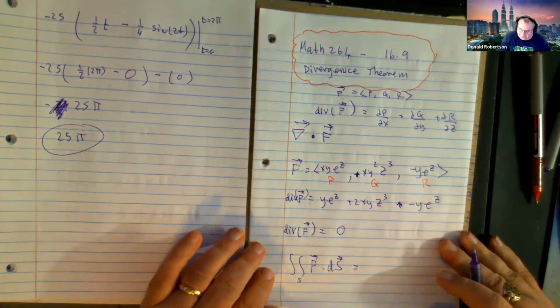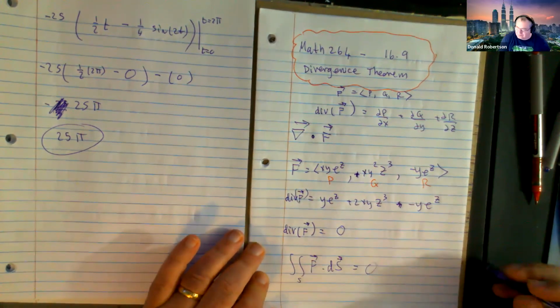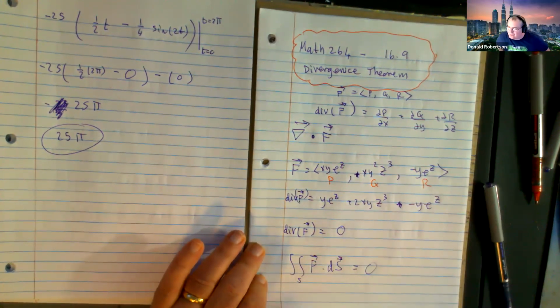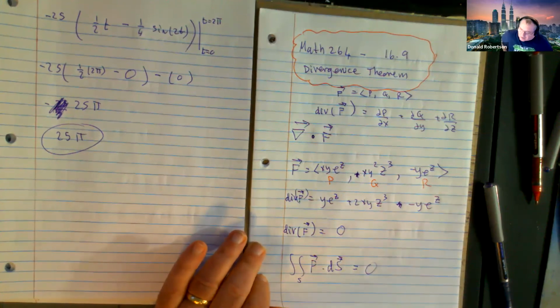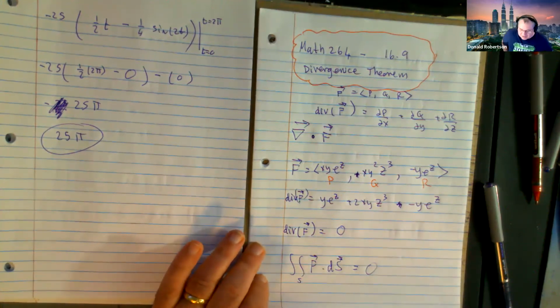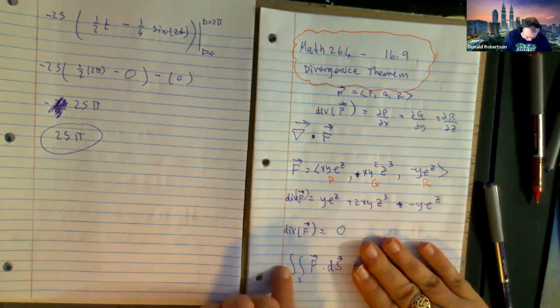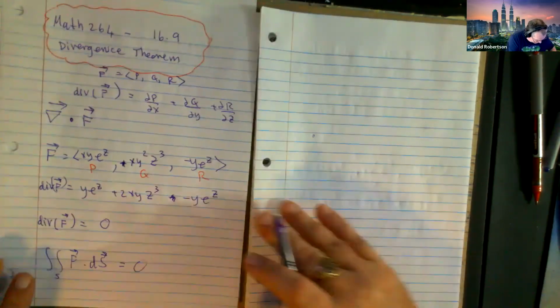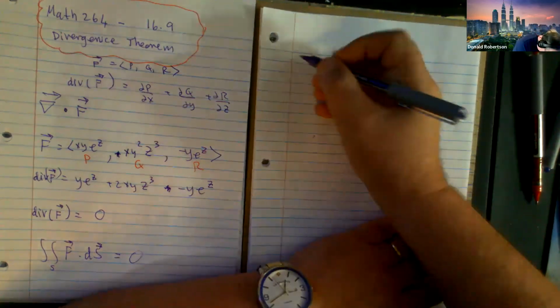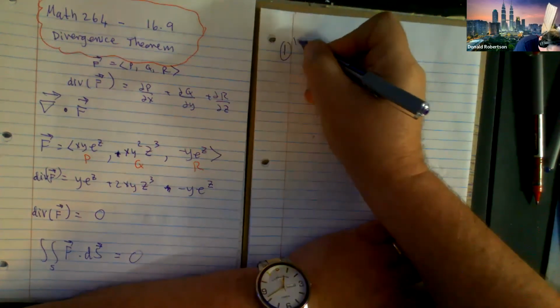It's going to be 0. So if you ever get lucky and the divergence is 0, you just go straight to the answer, and the flux, which is this guy, is 0. Right. Well, I've got time for one.